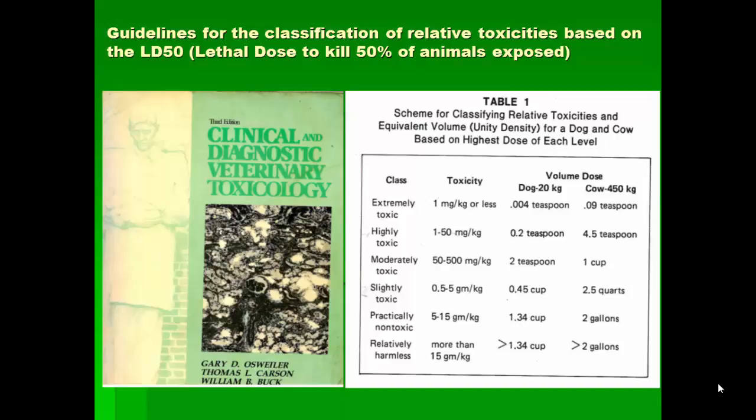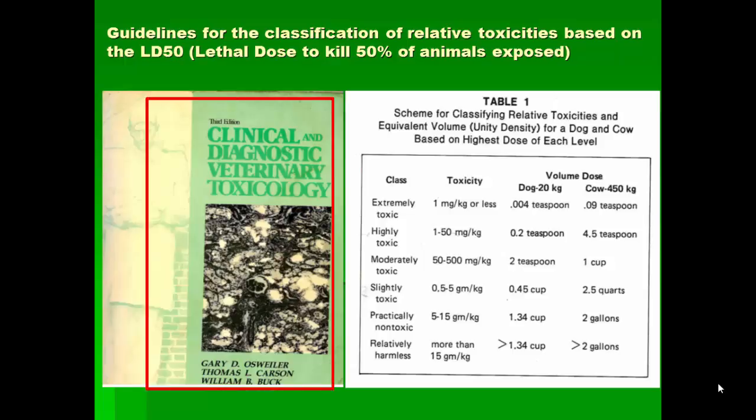LD50 has usually been the traditional endpoint used by many toxicologists and regulatory agencies to classify the acute toxicity of compounds. The table we see here is taken from one of the old-time and classic reference books in veterinary toxicology.